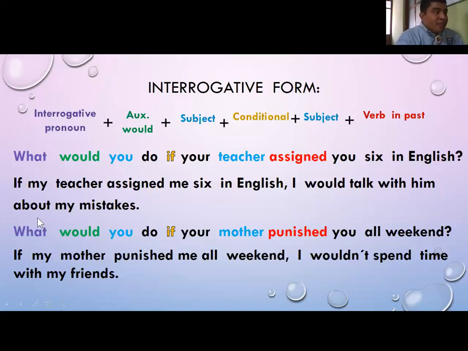Okay, my other questions. If you identify, I use different colors according to the diagram, right? You are going to use the diagram to create your own sentence. Next example. What would you do if your mother punished you all weekend? If my mother punished me all weekend, I wouldn't spend time with my friends.